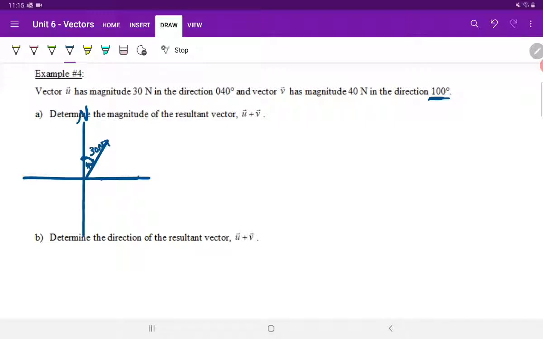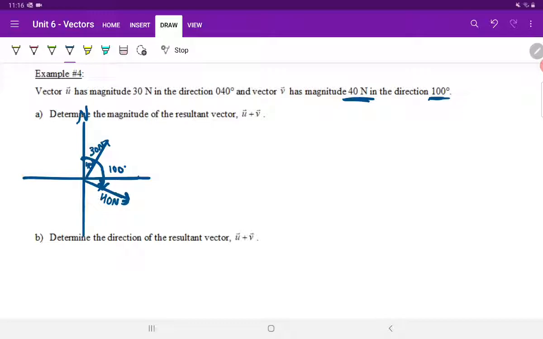So 100 is going to be somewhere just a tiny 10 degrees into this quadrant here, where I'll draw a slightly bigger magnitude of 40 newtons. Okay, so slightly bigger. So that's my 40. Altogether from here to here is going to be my 100 degrees.